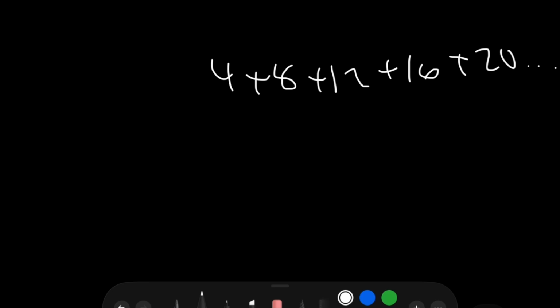Now, let's factor out 4. So we now get our old sequence.